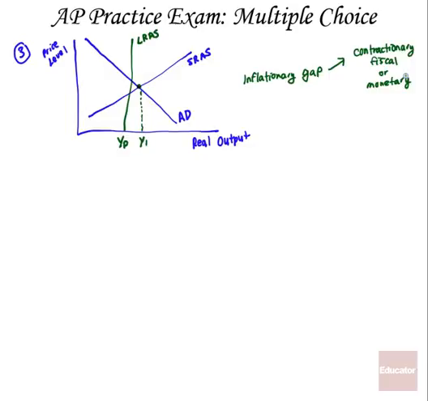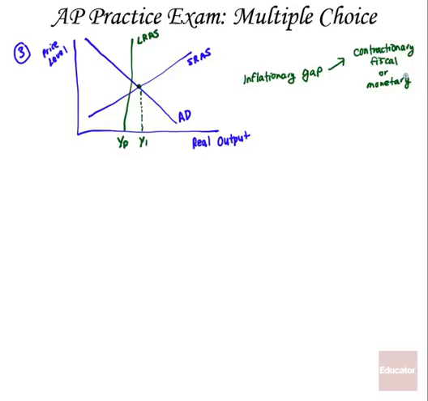Now, in this particular problem, if no policy action were taken, which of the following changes would move the economy to its long-run equilibrium? Would it be A, increase in aggregate demand, B, increase in exports, C, increase in wages, D, decrease in wages, or E, decrease in the expected price level?